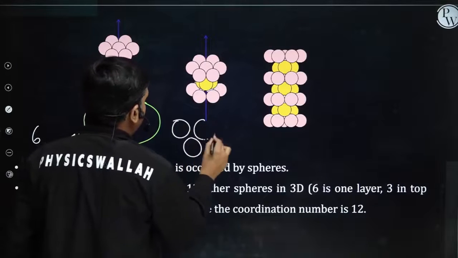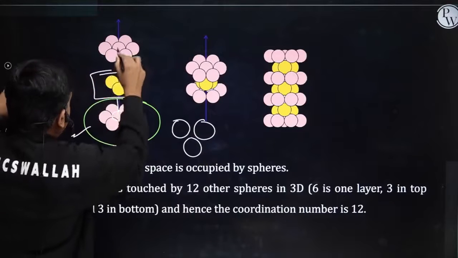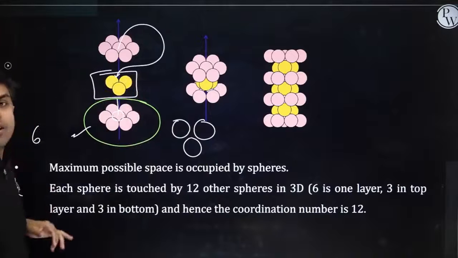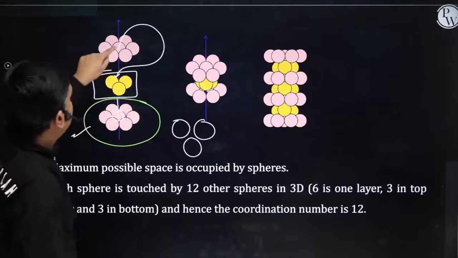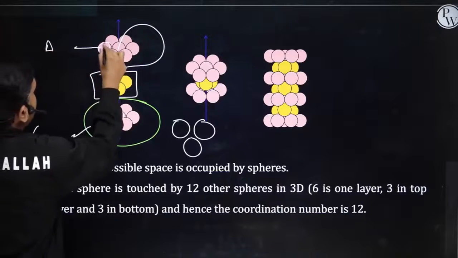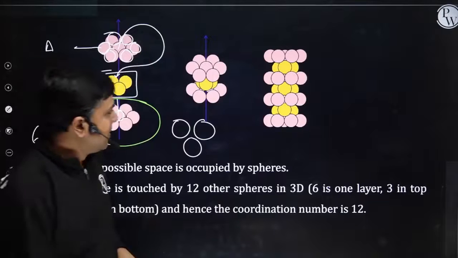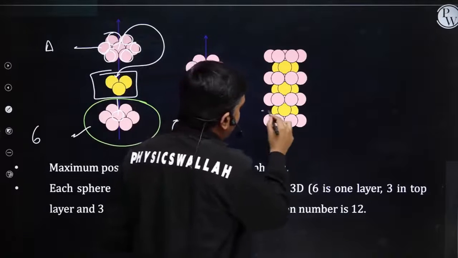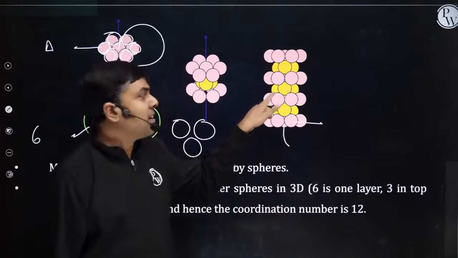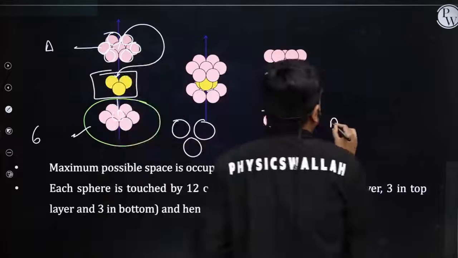And this particular central sphere will exactly lie over here. Am I clear? Now this central sphere in the third layer, in layer A once again, is surrounded by 6 spheres. Am I clear? 6, 1 central, 3, 6, 1 central, 3. This layer is the A layer.